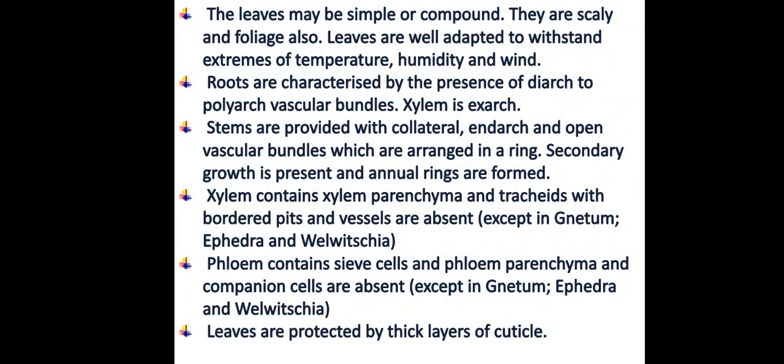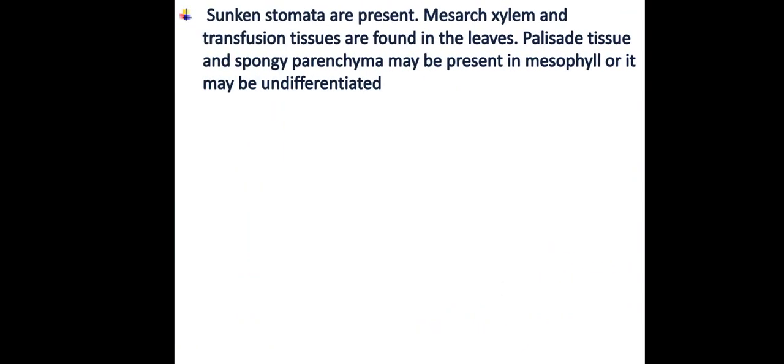Leaves are protected by thick layers of cuticle. Sunken stomata are present. Mesophyll and transfusion tissues are found in the leaves. Palisade tissues and spongy parenchyma may be present in mesophyll or it may be undifferentiated.